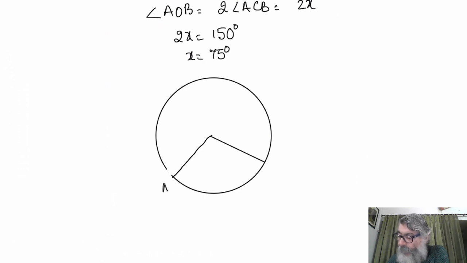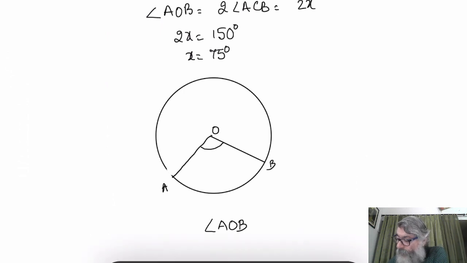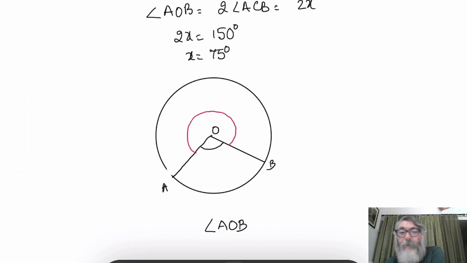It is A, it is B, it is O. O is the center of the circle. For example, this angle is angle AOB, but this angle in red is what?